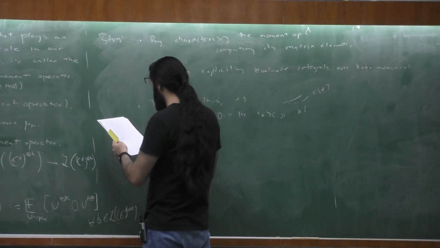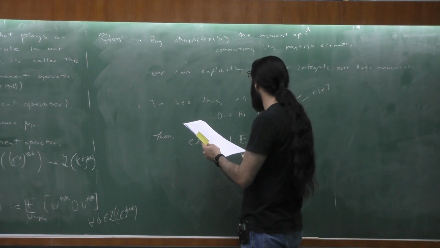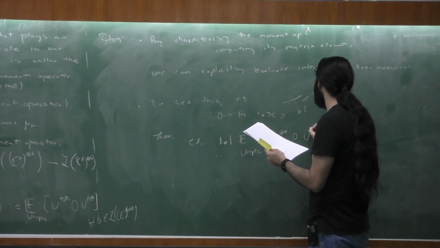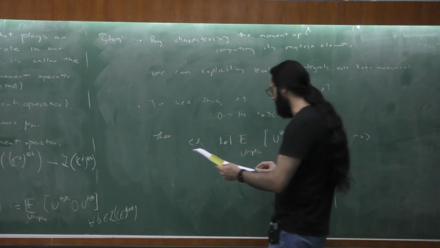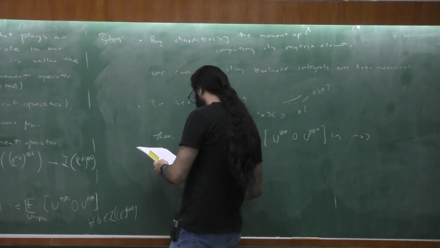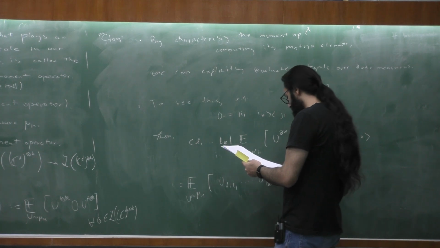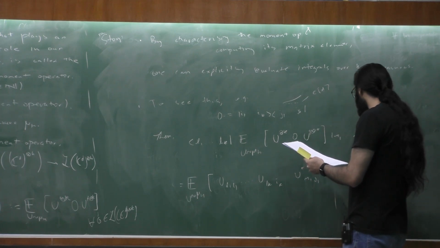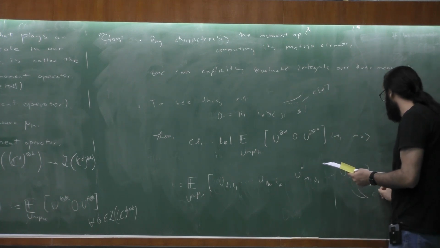Then the moment operator acting on it, with U† tensor k, and m_1 to m_k, would just be the expectation of U_{l1 i1} ... U_{lk ik} U*_{m1 j1} ... U*_{mk jk}, where the m's and j's also belong to [D].